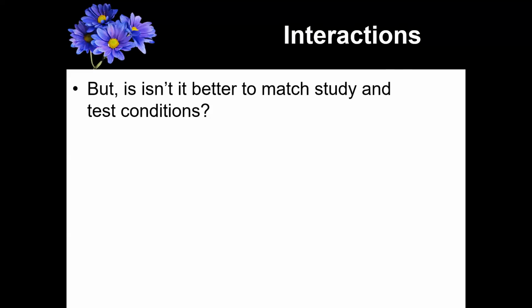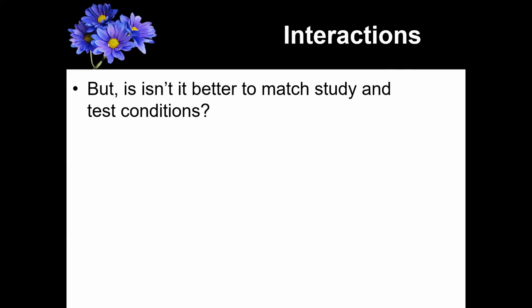But if you were to study underwater, you might be better off to take a test underwater. That's actually a real finding, and they have found that to be true. So if it's best to match where you study and where you test, you can kind of see how there's no longer simple main effects to talk about.